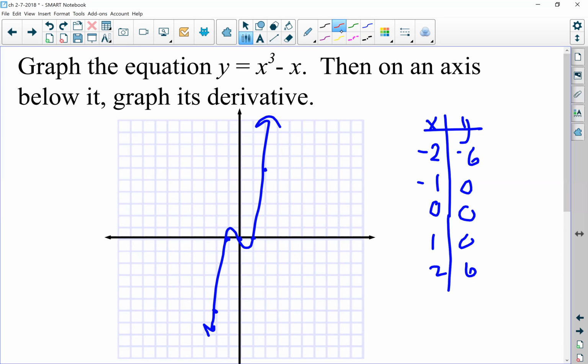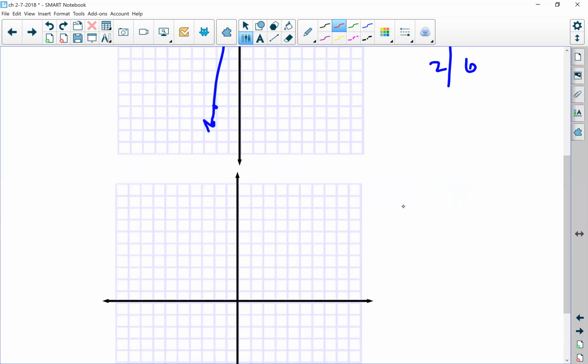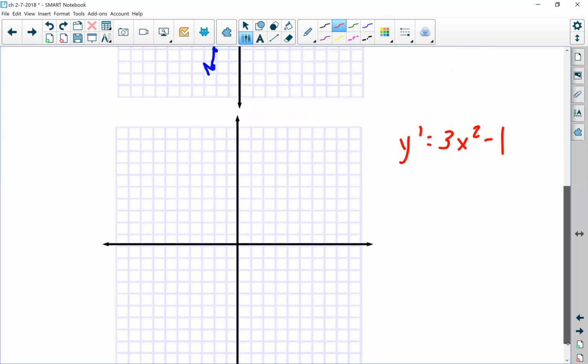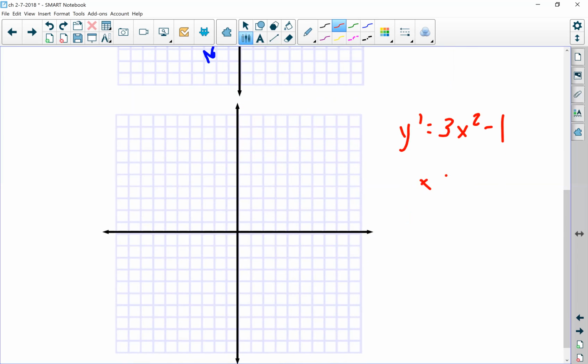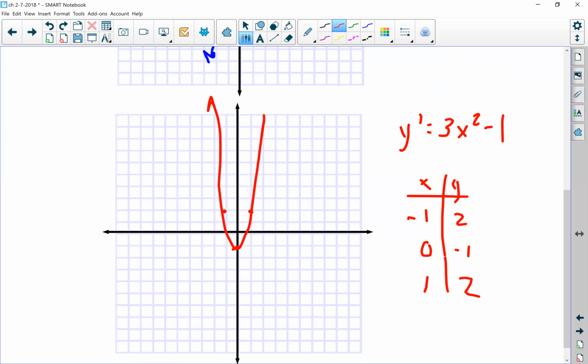Its derivative, and again, if we wanted to look at some values, at 2, we'd be at 11. There's the derivative.